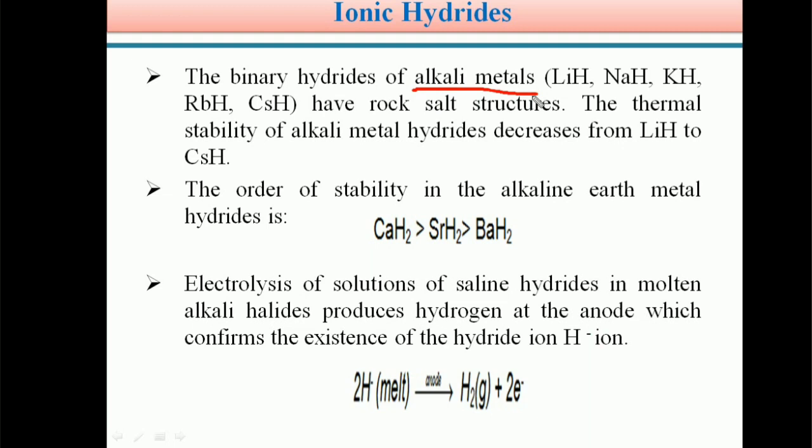These alkali metal hydrides, like lithium hydride, sodium hydride, potassium hydride, rubidium hydride, cesium hydride, are binary hydrides. These binary hydrides have rock salt like structures. So the ionic hydrides of 1A group metals form rock salt type structures.